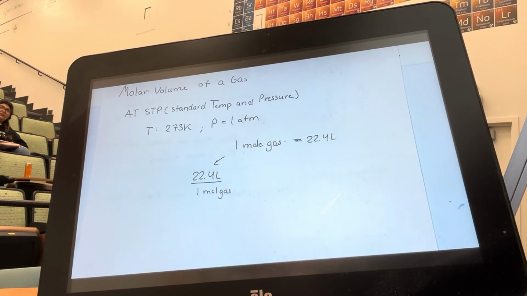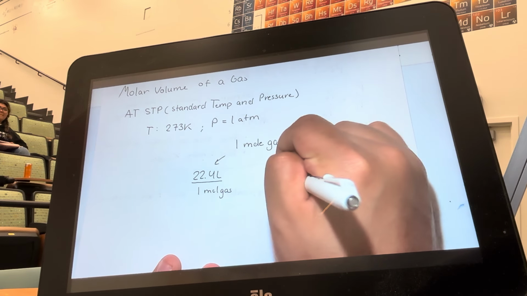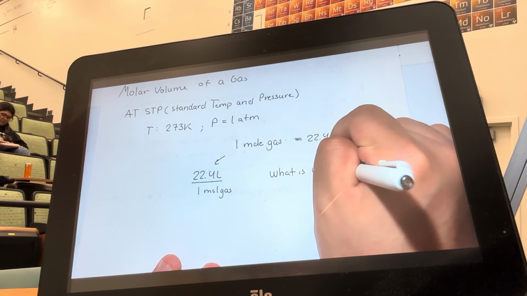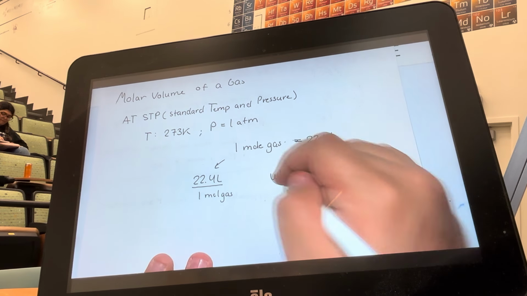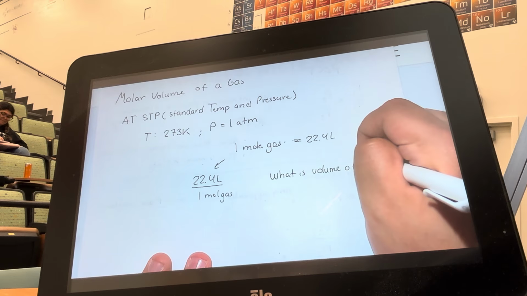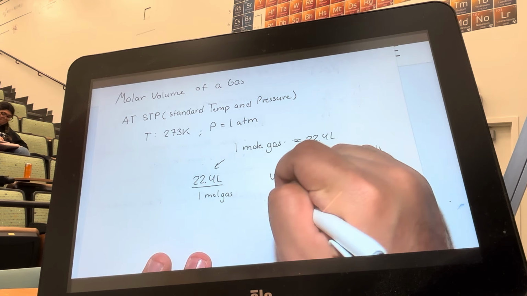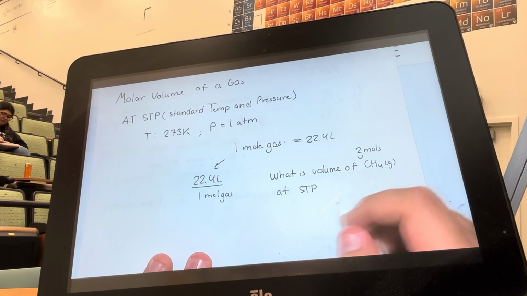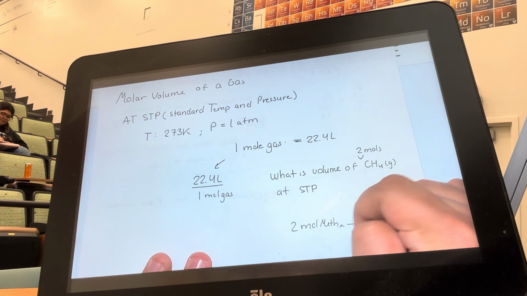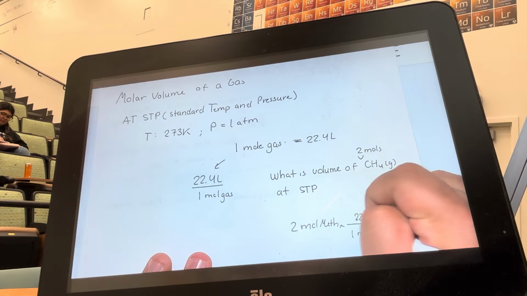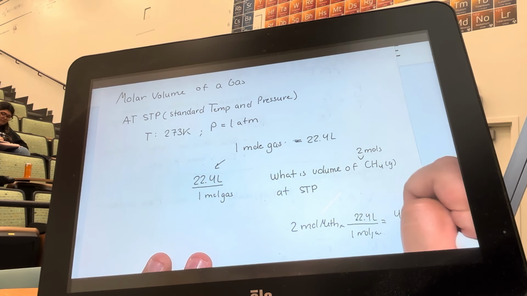So if your problem asks, what is the volume of, let's say, methane, it doesn't even matter what gas, what is the volume of 2 moles of methane at STP, then all you would have to do is 2 moles of methane times 1 mole of gas over 22.4 liters, and that's going to give you 44.8 liters of volume of gas.